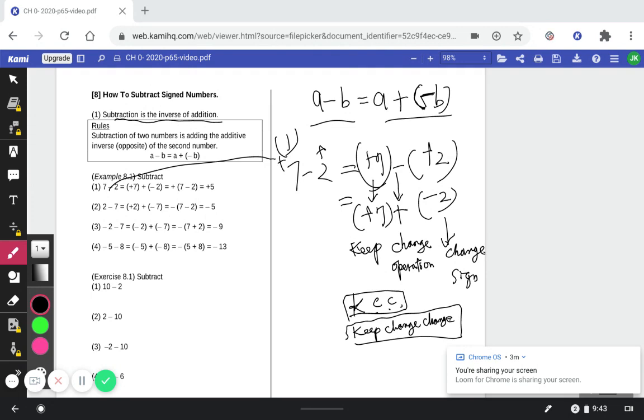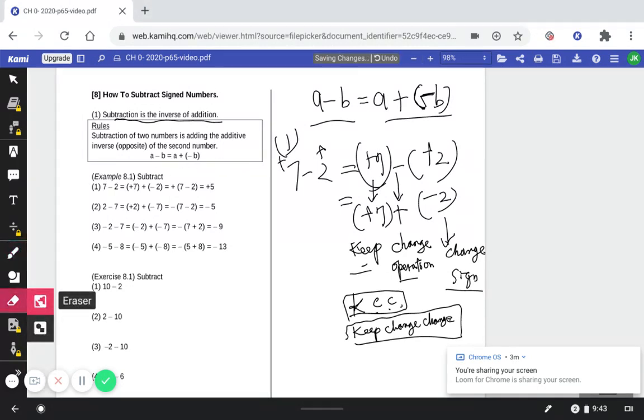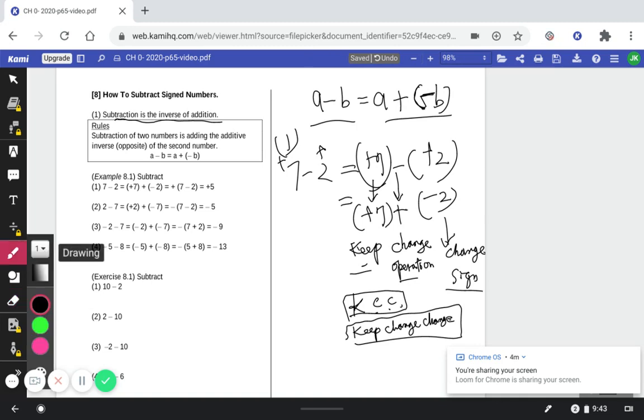So what do we do? Every time there is a minus operator or a subtraction operator, you convert the whole thing into keep change. You keep the first term, change the operator, and change the sign. So going back to number 1 again, 7 minus 2.